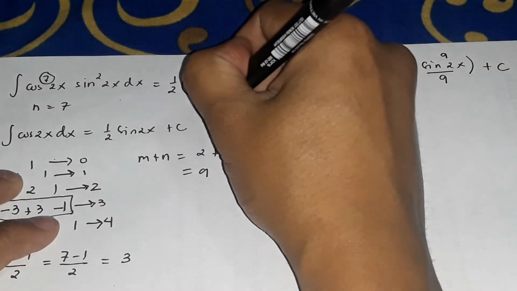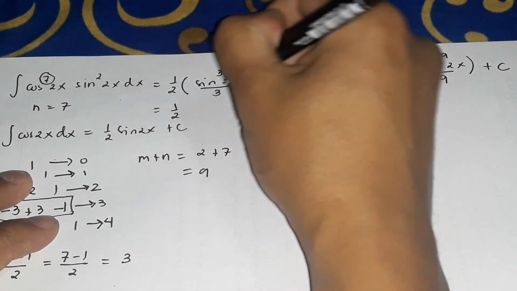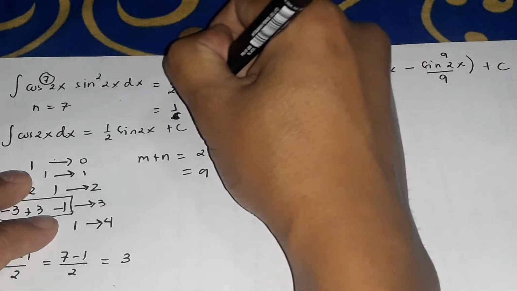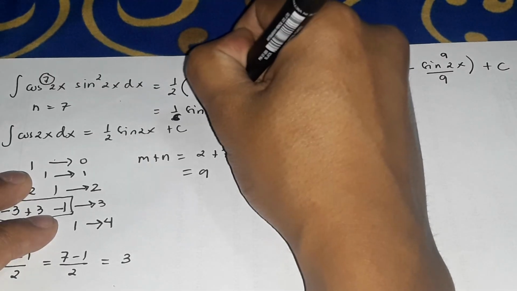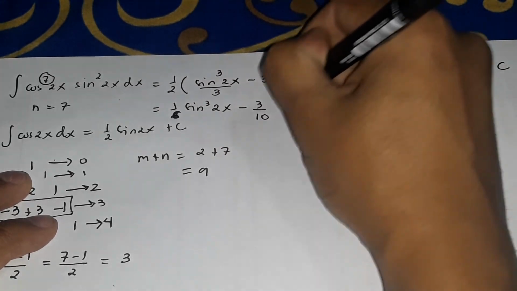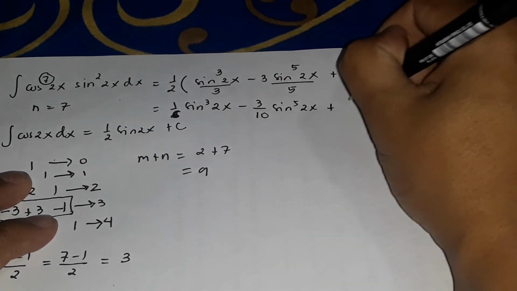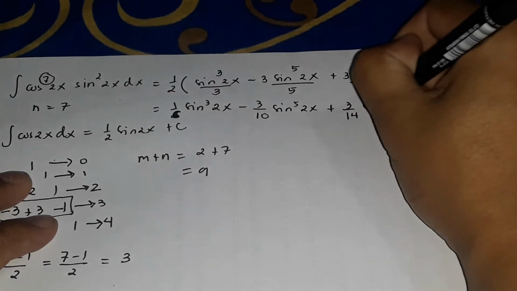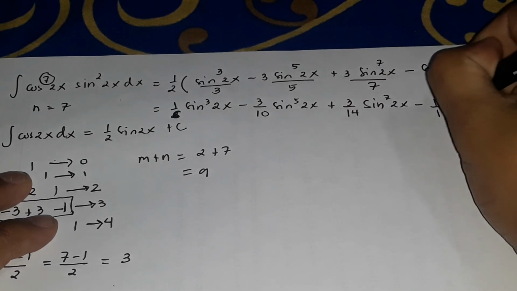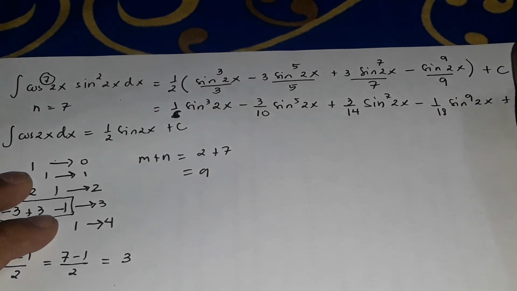So finally we have 1/2 times 1/3, that's 1/6 sine cubed 2x minus 3 over 10 sine to the 5 2x plus 3 over 14 sine to the 7 2x minus 1 over 18 sine to the 9 2x plus c.